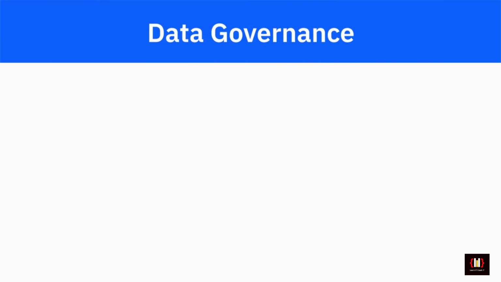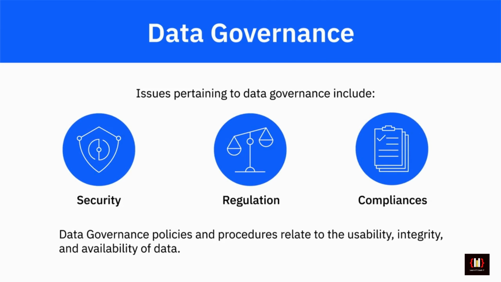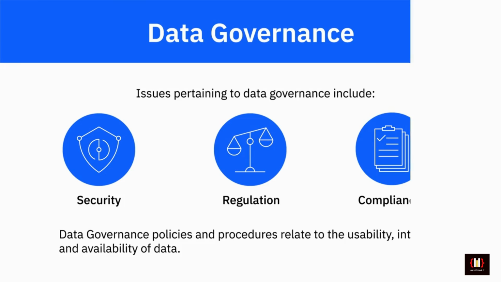You also need to watch out for issues pertaining to data governance, such as security, regulation, and compliances. Data governance policies and procedures relate to the usability, integrity, and availability of data. Penalties for non-compliance can run into millions of dollars and can hurt the credibility of not just your findings, but also your organization.